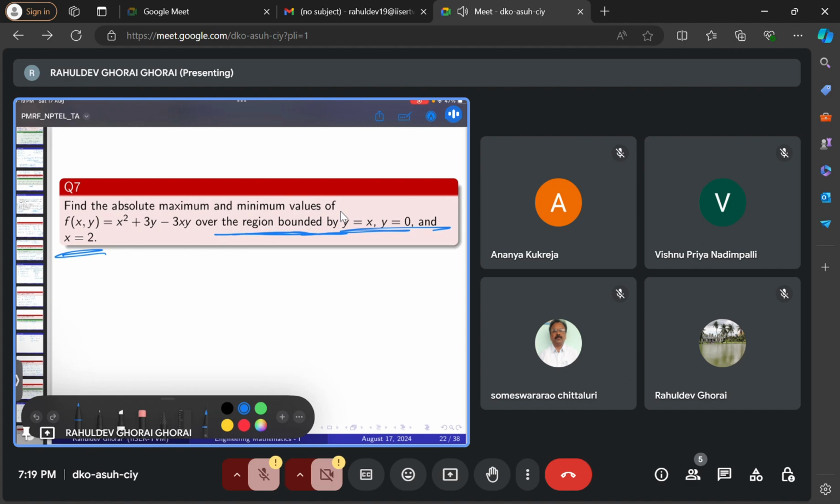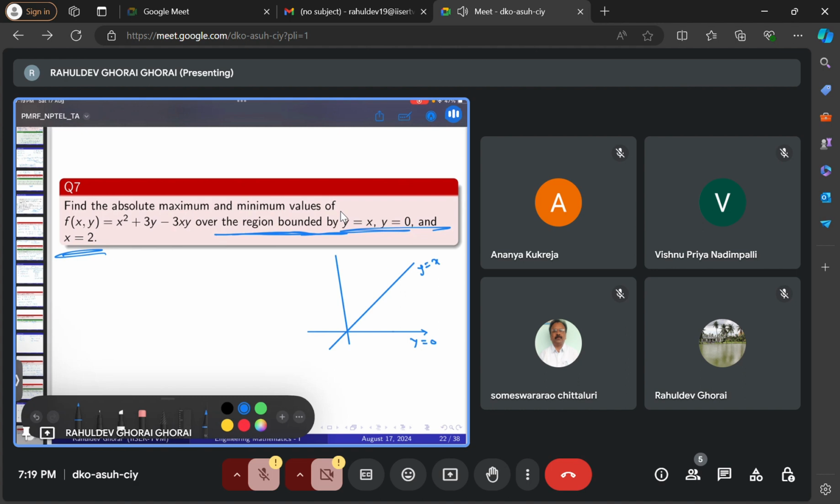Let's draw. See, what is the x equal to y line? It will be like this. Okay, it is y equal to x. Now, y equal to 0 is this, right? And x equal to 2 will be somewhere here.